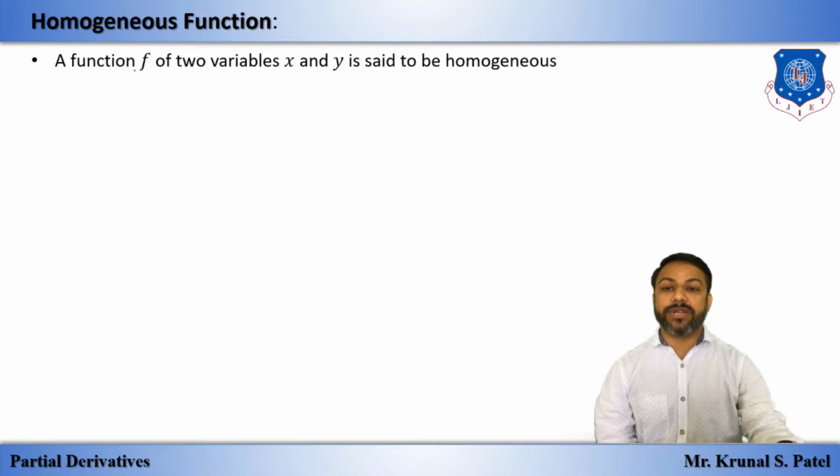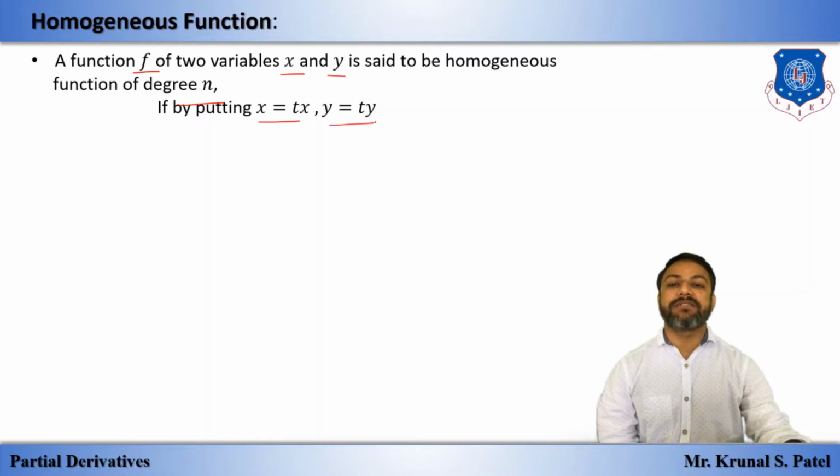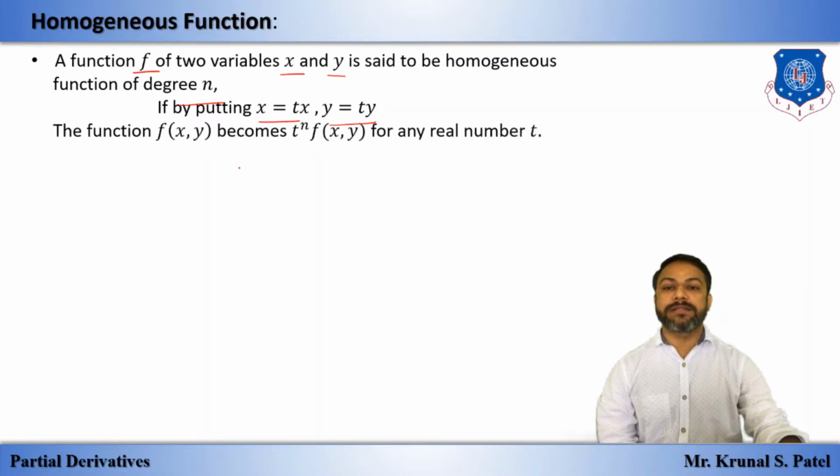That means a function f of two variables x and y is said to be a homogeneous function of degree n by putting x equal to tx and y equal to ty, that means the function f of x, y becomes t raised to n into f of x, y for any real number t.